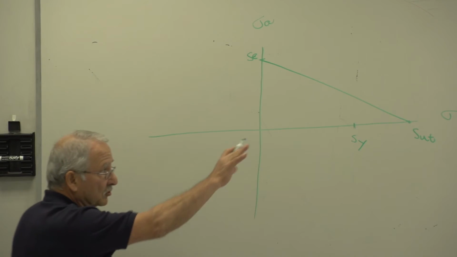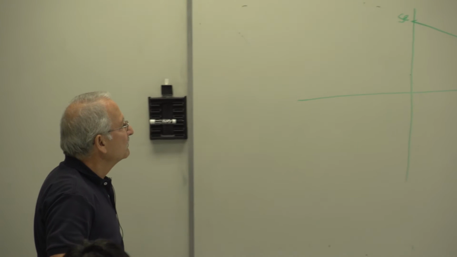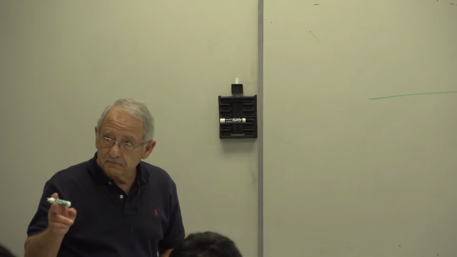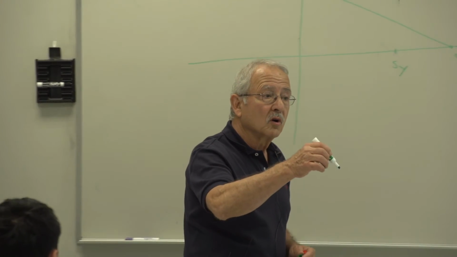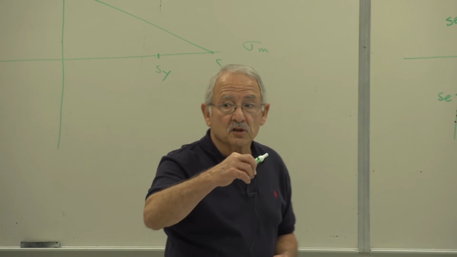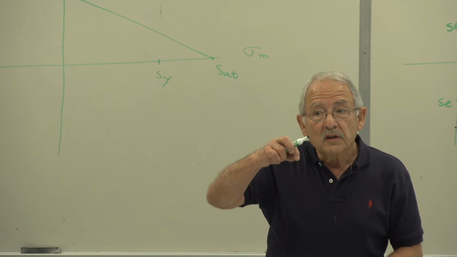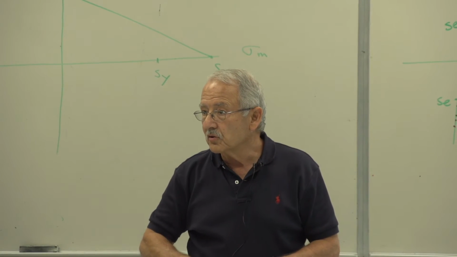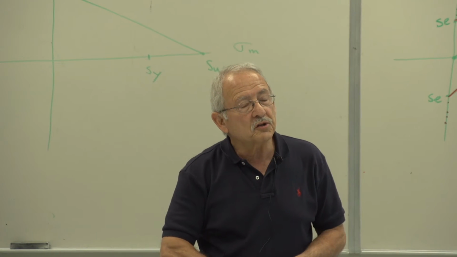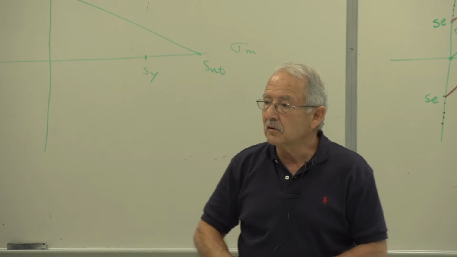I'm not going to draw the Soderberg line, but a different one. What if the mean stress is 0? The mean stress is 0. And sigma A, in other words, the alternating stress, happens to be equal to the yield strength of the material. How many cycles?